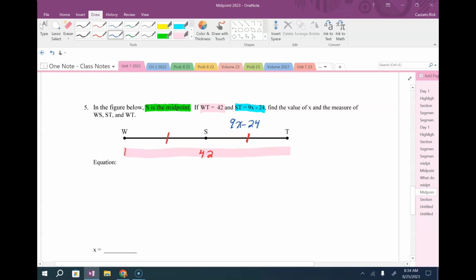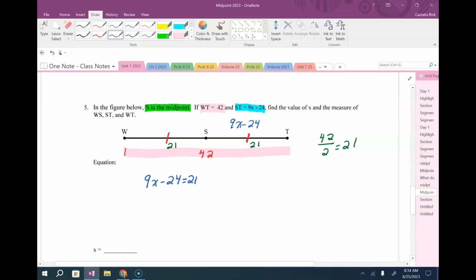Now there's two ways of doing this problem. Some people use the idea of saying 42 divided by 2 is 21. So some of you figured out that each piece was 21. And then you set up this equation, 9x minus 24 was equal to 21.